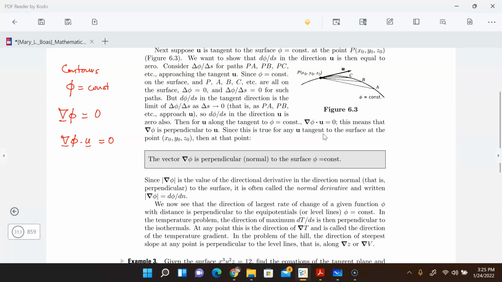Right. Okay. The point I wanted to make is that your del phi is going to be proportional to the idea of a normal to the surface. Now I'm trying to get the right way to approach this.